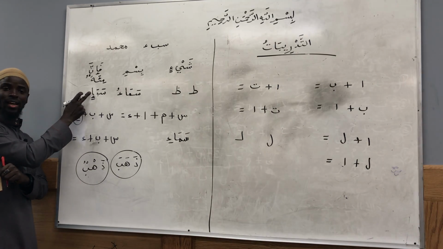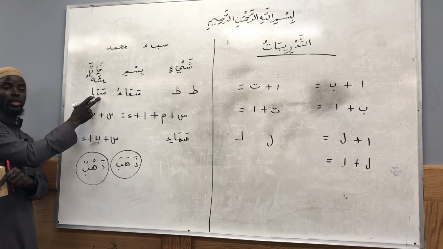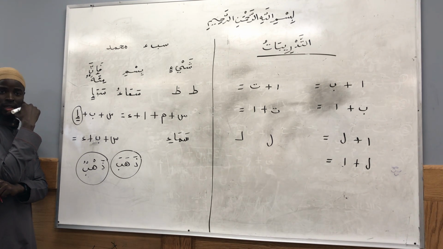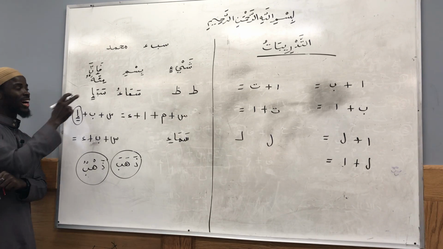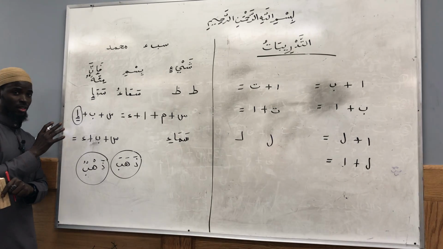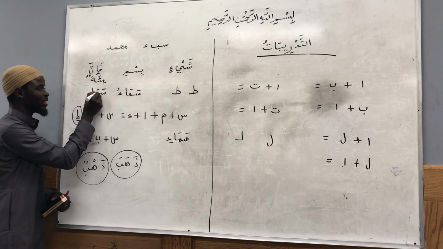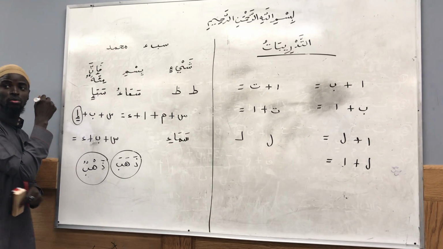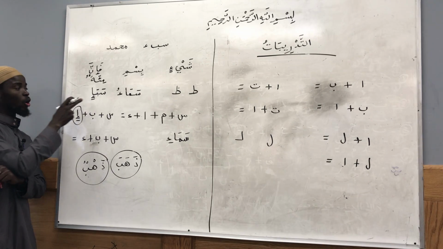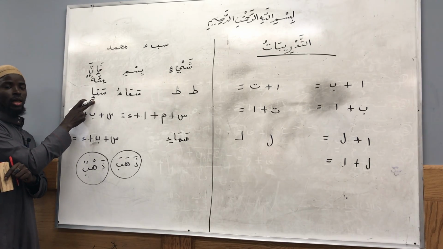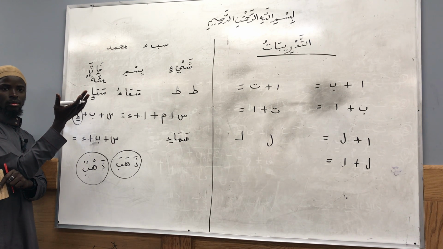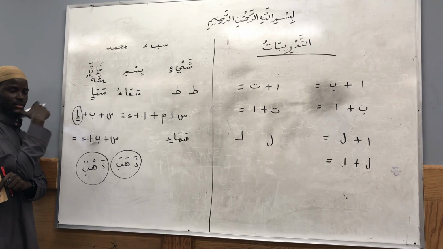Because if you connect this line with the ba, it's not going to be just a line. Okay? This is what is confusing you. If we make it just a line, that means this is going to be hamza. We will call this hamza, and we will call this just a line. You understand it? Yes.